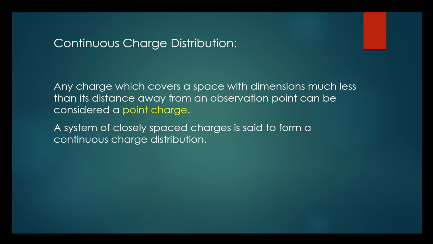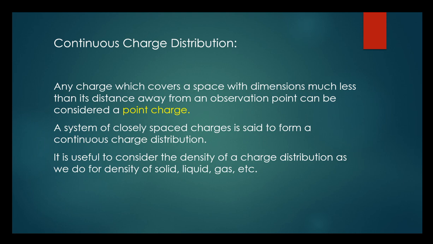If we have some amount of charge which has some significant dimension in comparison with the distance which we are using, then we say that it is continuous distribution. The continuous distribution may be of three types. It is useful to consider the density of charge distribution as we do it for density of solid, liquid and gases.